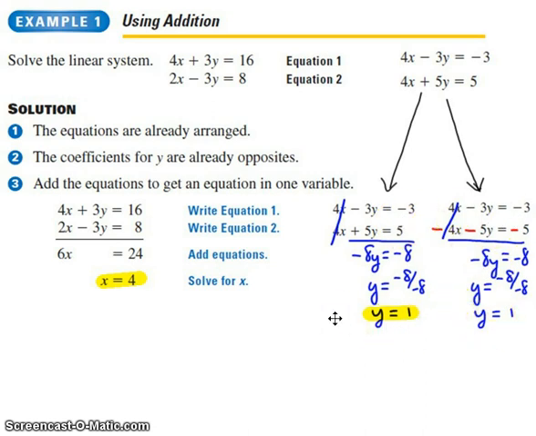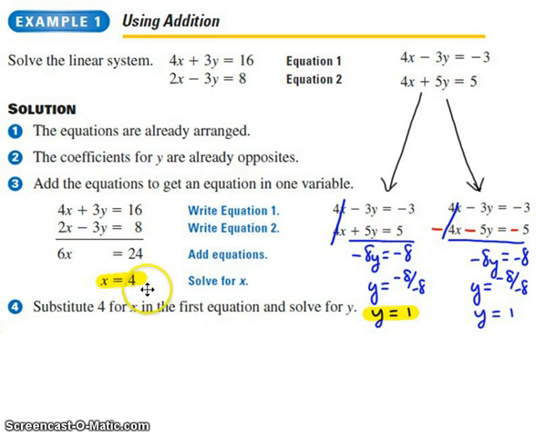All right, now moving on to step 4 here. Once I've got one of the letters, in the textbook's example on the left, I've got x equals 4, I can substitute that 4 in place of x. X means the same thing as 4. So I can put it back in. They've chosen to put it into the first equation and solve for y.